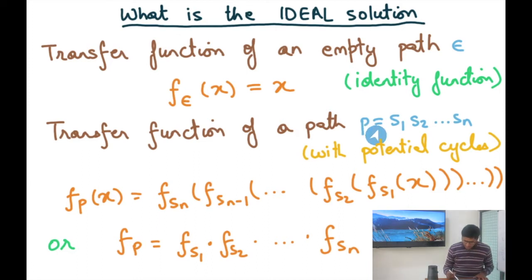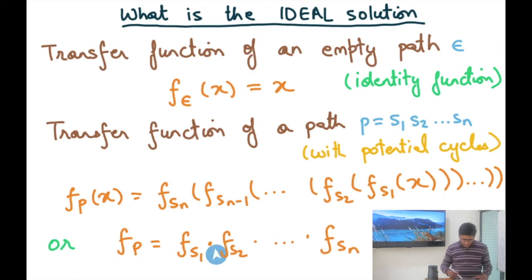What is the transfer function of this path? It's given by fP of x: first apply fs1 of x, which is the first statement that got executed, then apply fs2, then fs3, and so on, and finally apply fsn-1 and fsn. In other words, the transfer function of a path fP is the composition of individual functions fs1 composed with fs2 composed with fsn.